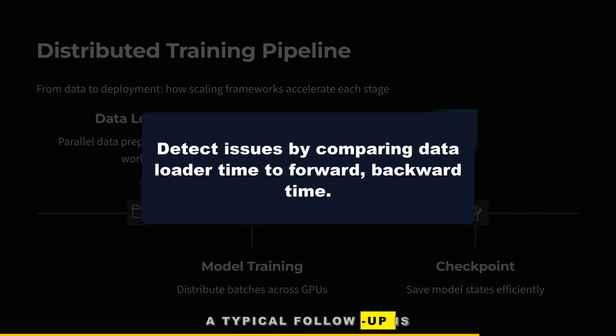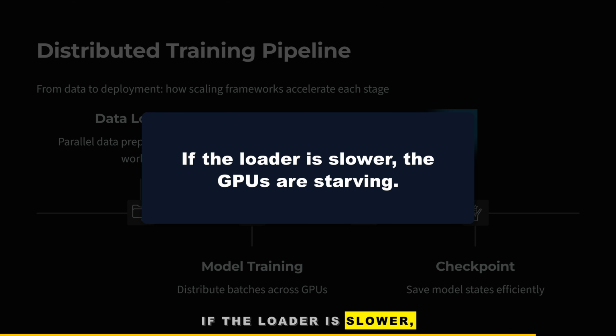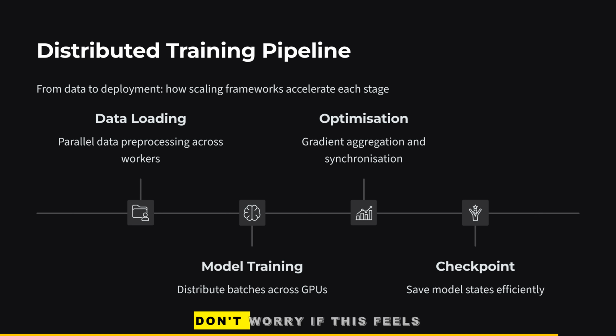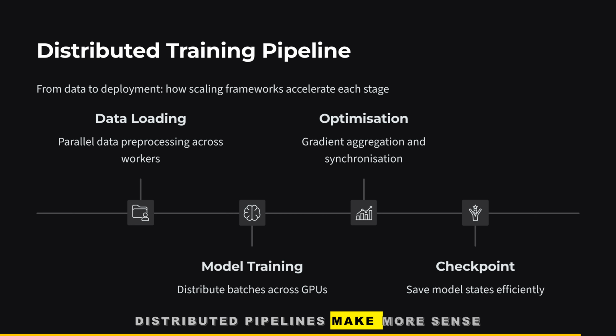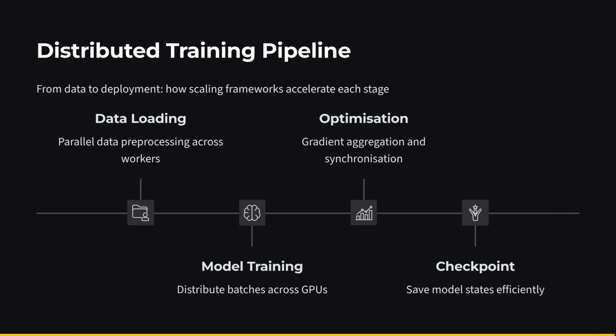A typical follow-up is how to detect these issues, and you can say by comparing data loader time to forward-backward time. If the loader is slower, the GPUs are starving. Don't worry if this feels dense. Distributed pipelines make more sense the more you visualize them. You're picking this up beautifully.